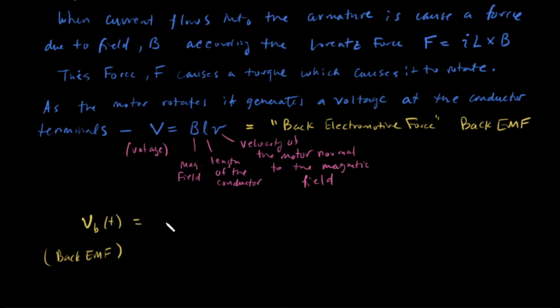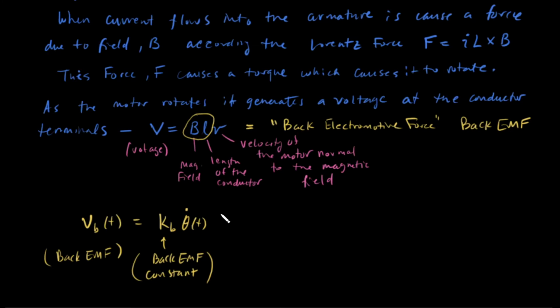And the back EMF is equal to K_B, and K_B essentially is a function of these terms, but we just call it K_B, and this is our back EMF constant. Some motor manufacturers will use 1 over K_B and call it the velocity constant, but for now we'll call it the back EMF constant, and it's equal to that times the shaft speed theta dot of t.